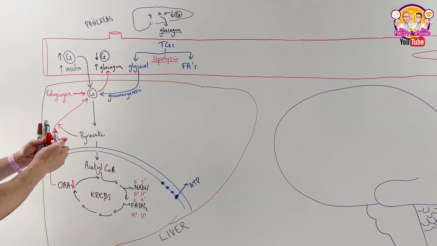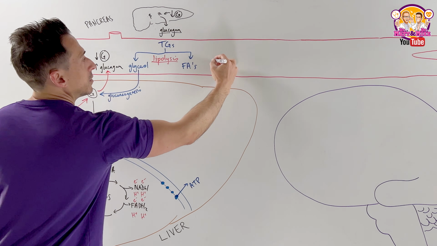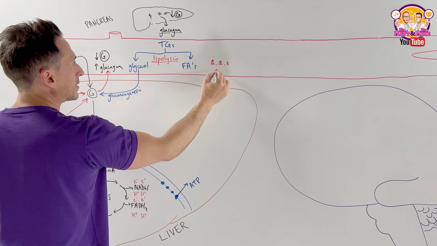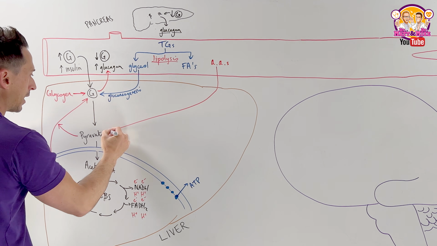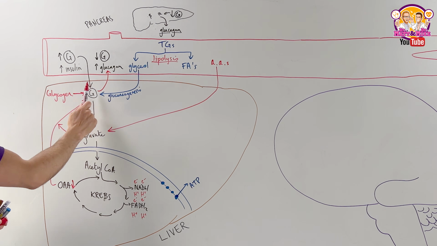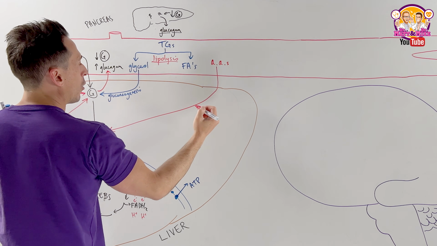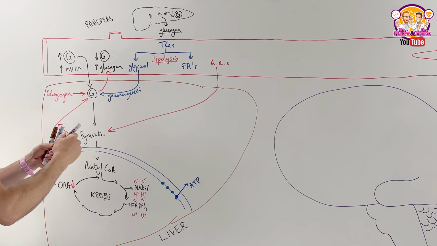All right, this is good. What else can happen? Well, we can take amino acids that are floating through the bloodstream. Here's some amino acids. And we can take those amino acids and feed it into pyruvate. And pyruvate can turn into oxaloacetate, which can turn into glucose and re-establish blood glucose. So that means amino acids are a gluconeogenic substrate. So let's highlight some gluconeogenic substrates at the moment, right?